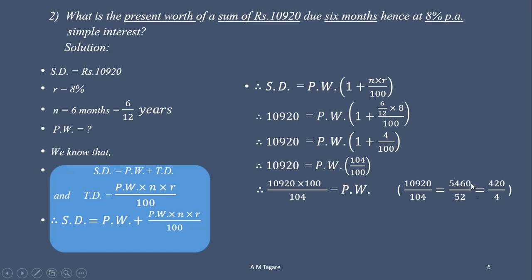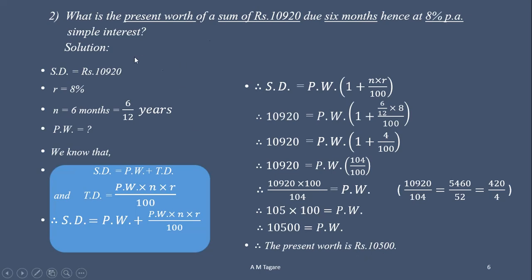Again dividing numerator and denominator by 13, we get 420 upon 4, and this value gives 420 upon 4, it is equal to 105 into this 100 is equal to present worth. So we get 10,500 is equal to present worth. So finally we get the present worth is rupees 10,500.